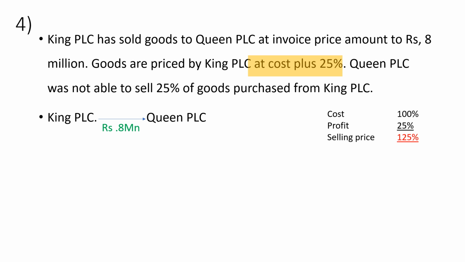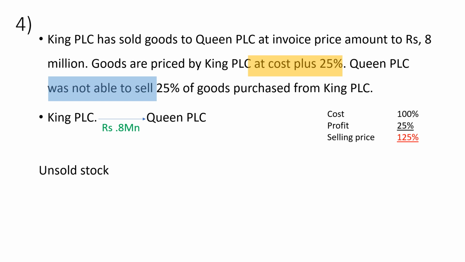So the selling price is 125%. Queen PLC was not able to sell 25% of the goods purchased from King PLC. So you can see there are unsold stocks.